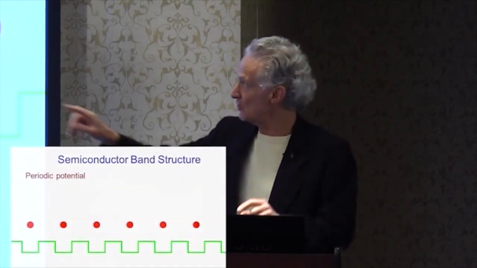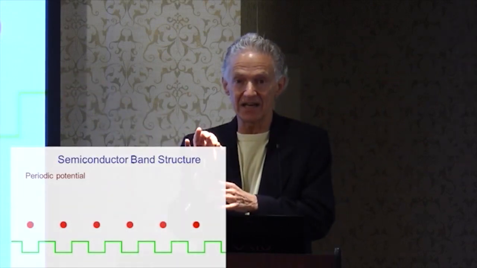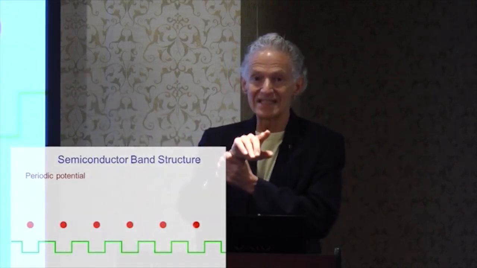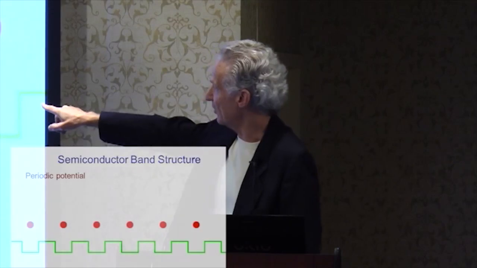Well, as a student, I learned that there's actually a periodic potential in a material. And so you can view the red dots as being the ionic cores, and you can simplify that with the green line, saying that there's sort of a step function periodic potential. And so when the electron is traveling through the semiconductor, it has a certain wavelength associated with it.